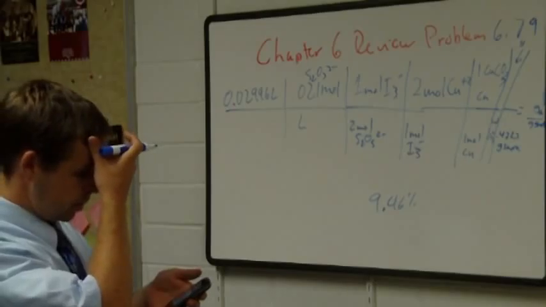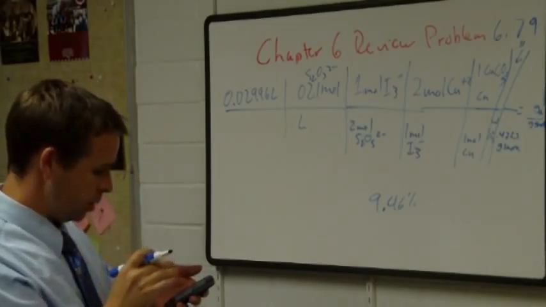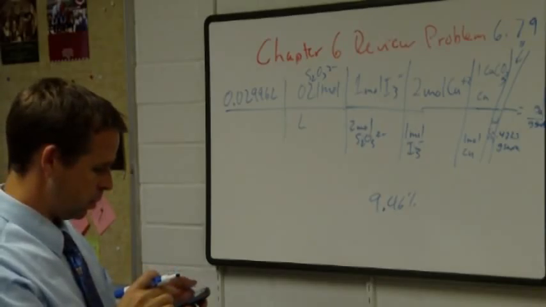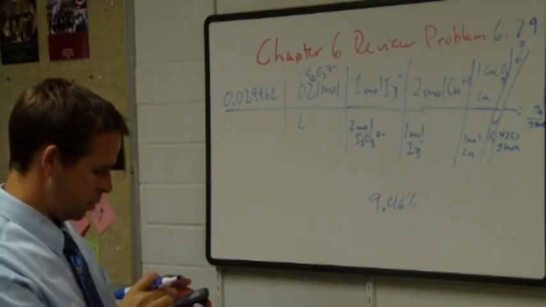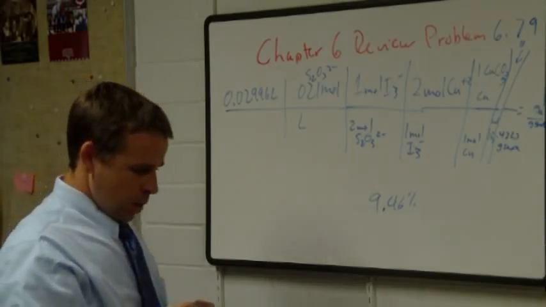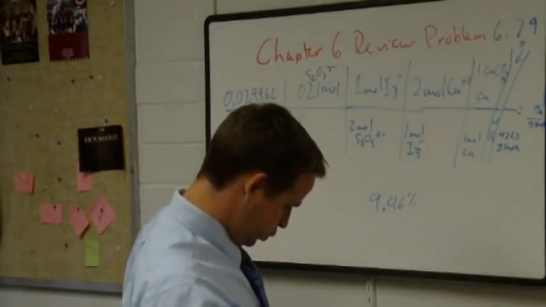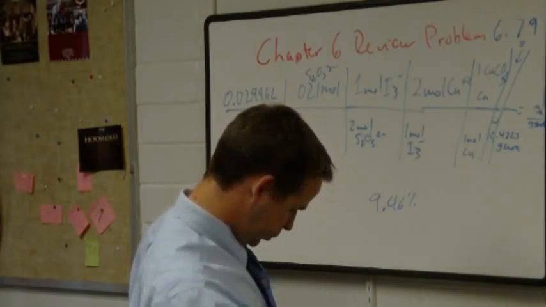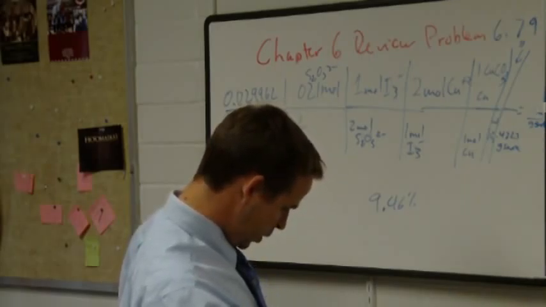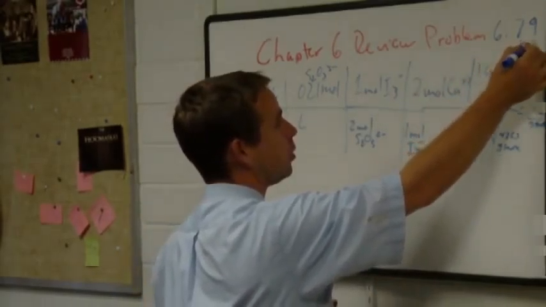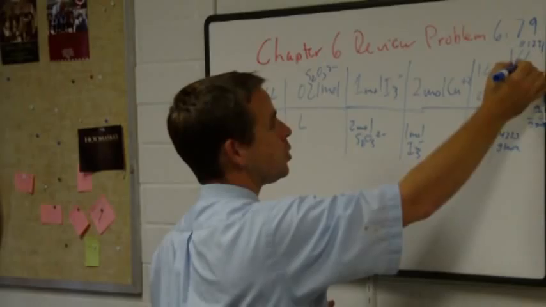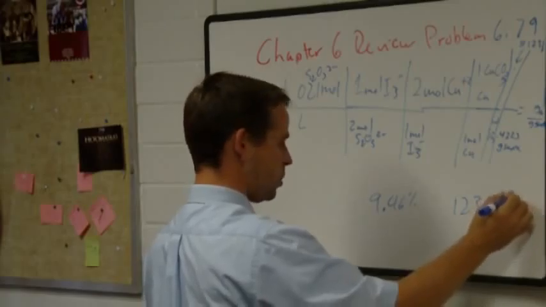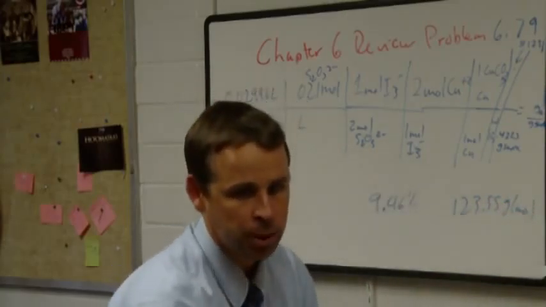All right, so copper 2 carbonate. So this value here is 123.55 grams per mole of copper carbonate.